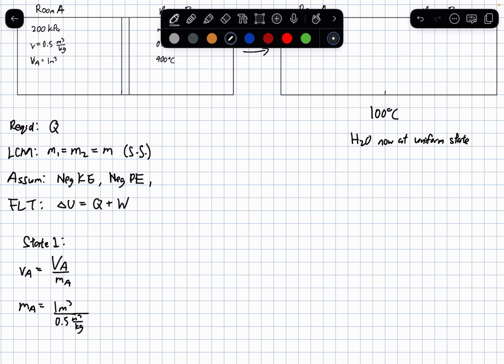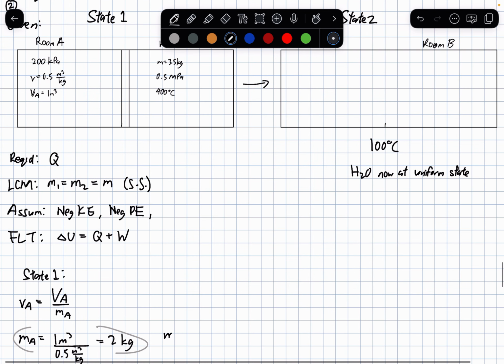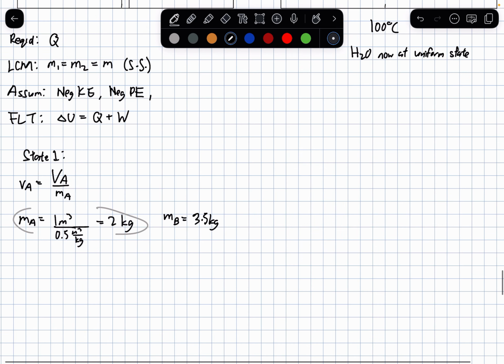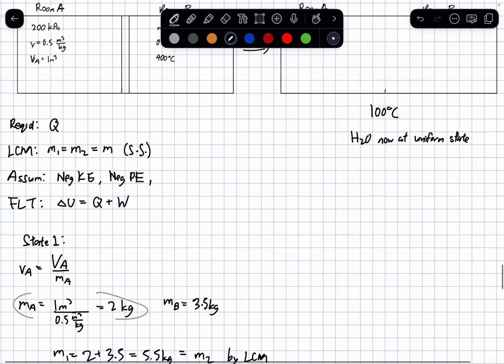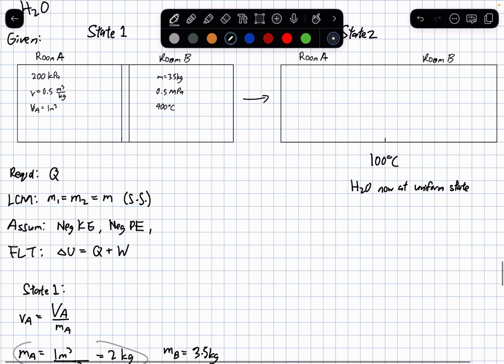What's that? 1 divided by 0.5, that is 2 kilos. Okay, so recall in room B, that means M sub 1 is equal to 2 plus 3.5, 5.5 kilograms, equal to M2 by virtue of law of conservation of mass. Okay, so we already have the masses sorted out.